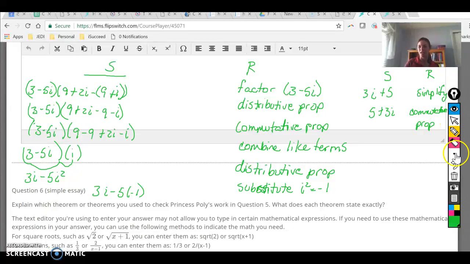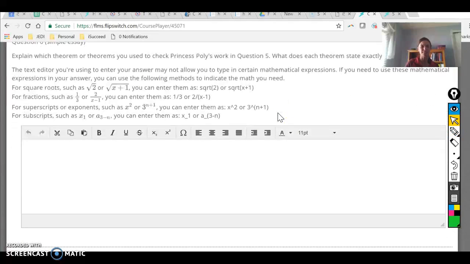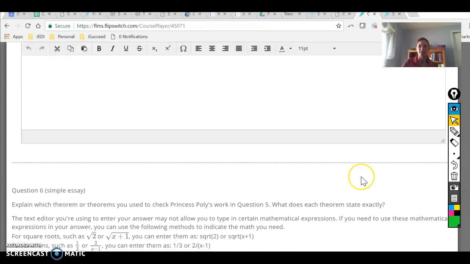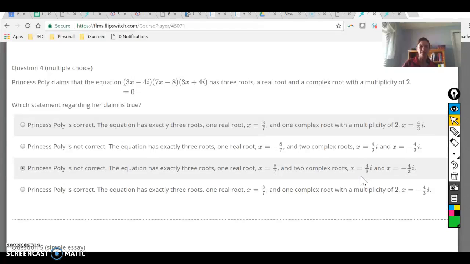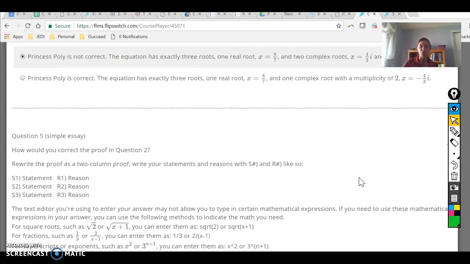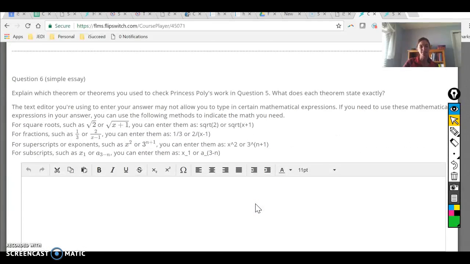Okay, and last but not least, number 6 says checking her work in number 5. I believe in this one they actually meant to check her work for number 4 with the fundamental theorem of algebra and the complex conjugate root theorem.